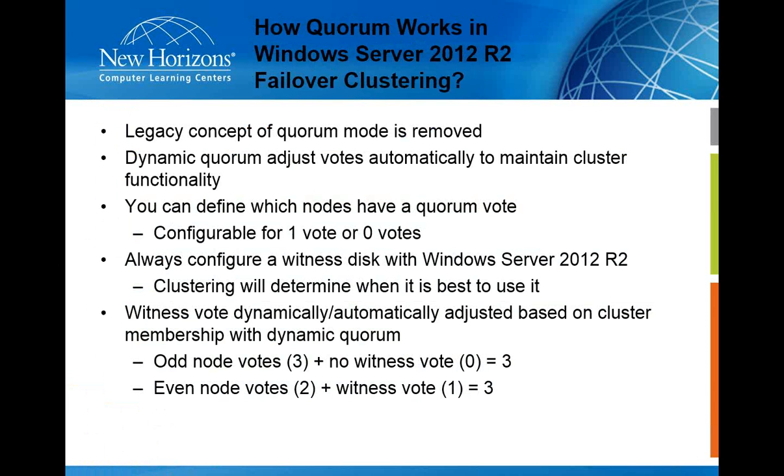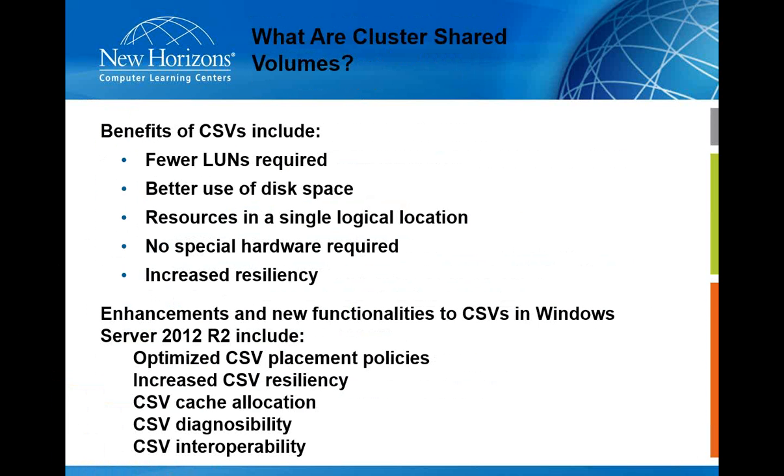I also mentioned that we have some changes in how clustered shared volumes work. In a classic failover deployment, only a single node at a time controls the LUN. If I create a LUN and I put that LUN out there, only the primary, the active member of the cluster, gets control of that LUN.